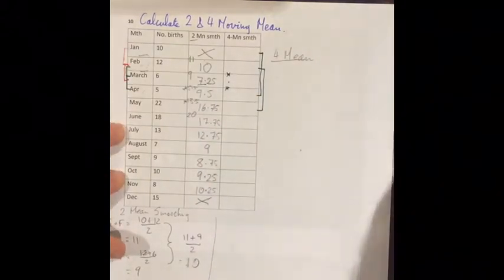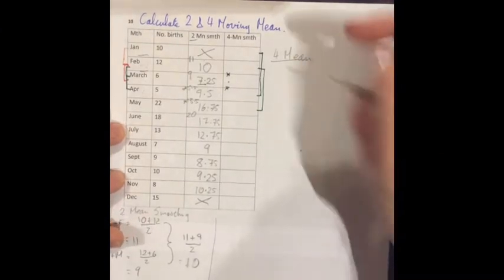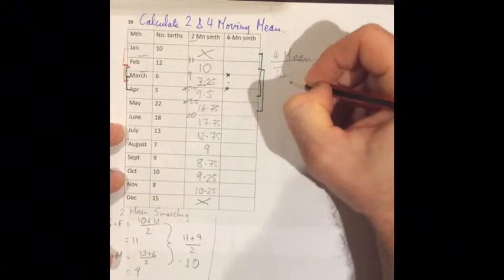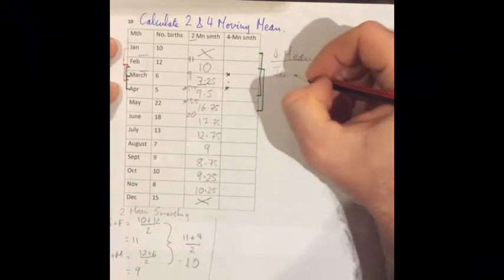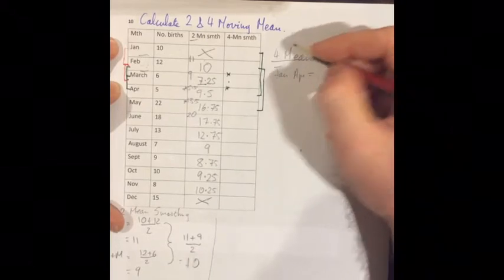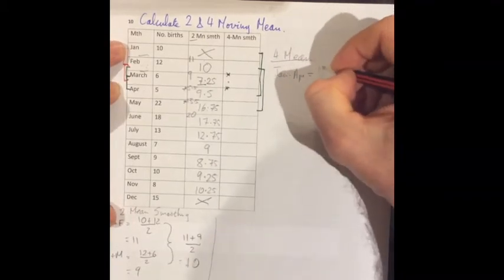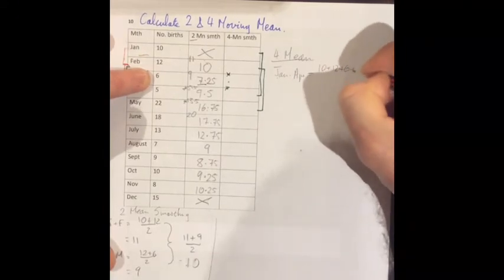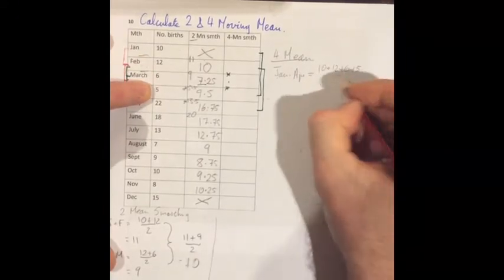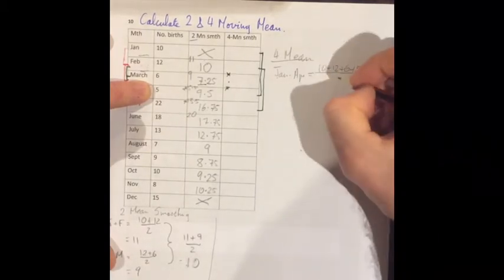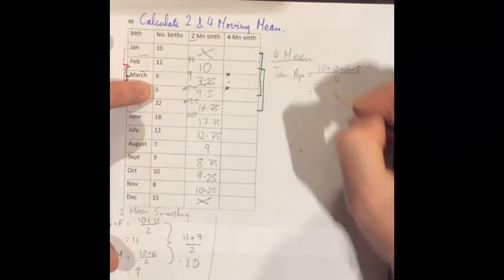All right, so let's have a look at that. For January to April we get 10 plus 12 plus 6 plus 5. That's where we get the name 4 moving mean from: we've got 4 pieces of data there, 4 values.